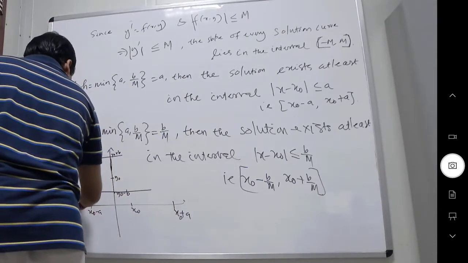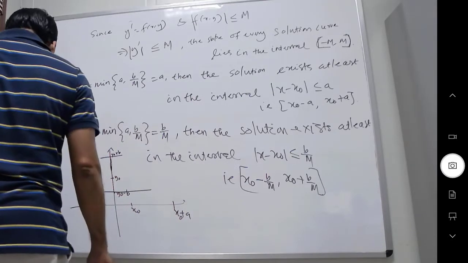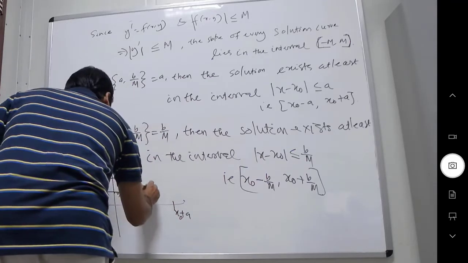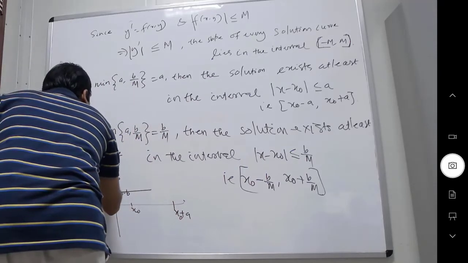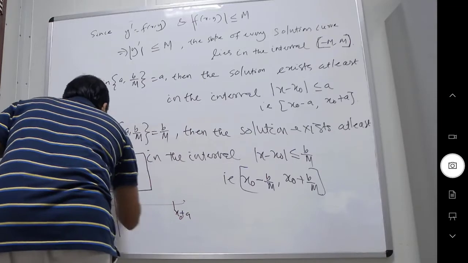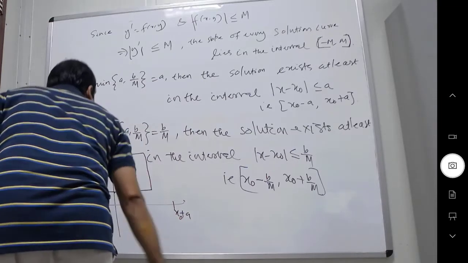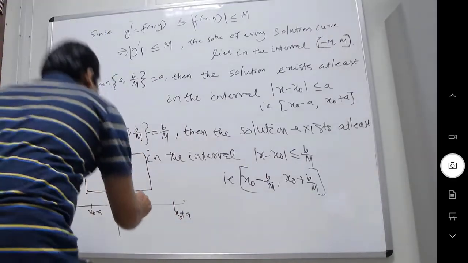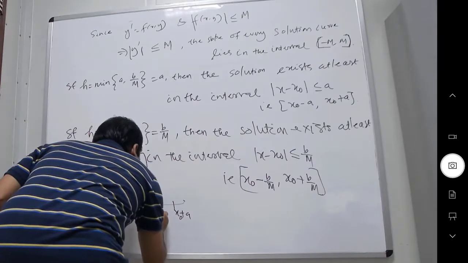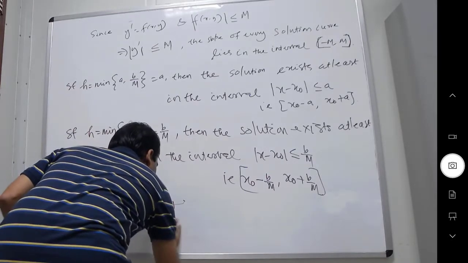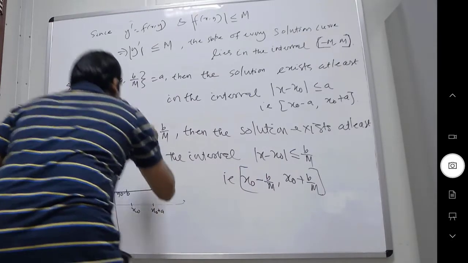So this is the x naught minus a point and y naught plus b, and this is x naught plus a.